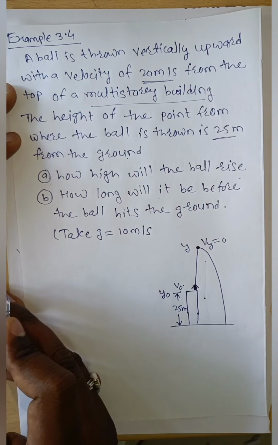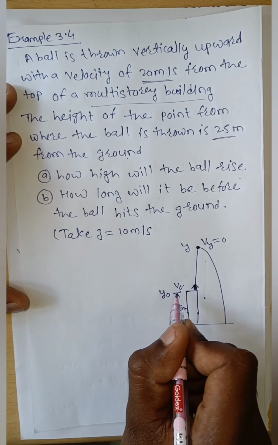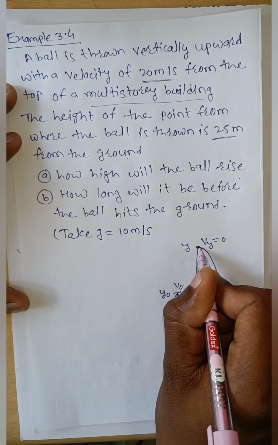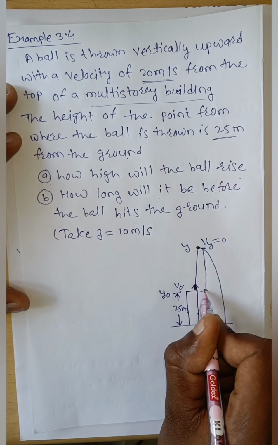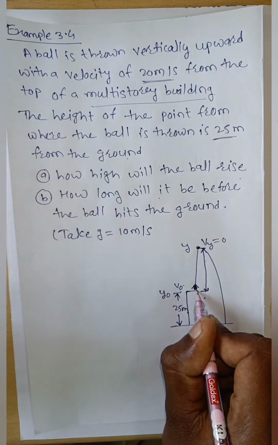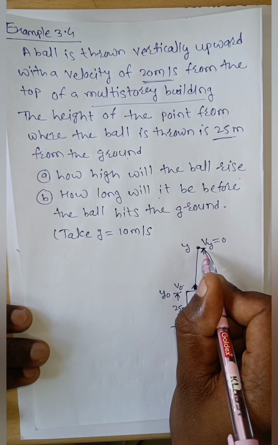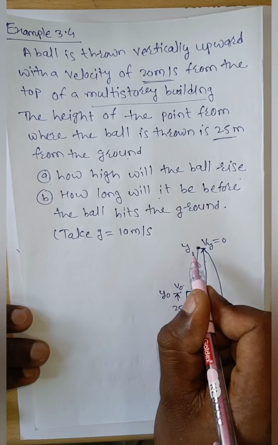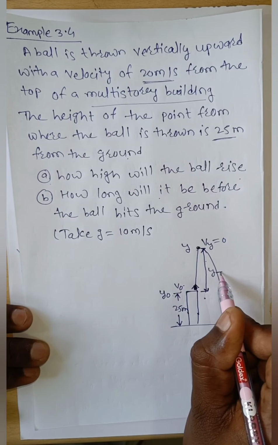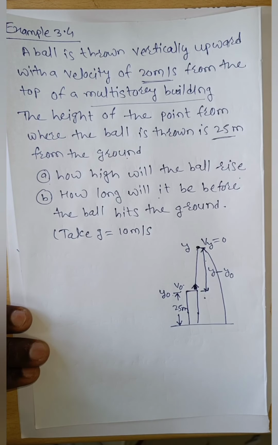Then we have to find out how high the ball will rise, meaning the distance from the point where the ball is initially thrown to the final height. This is the final position y and this is the initial position y naught, so we have to find y minus y naught.